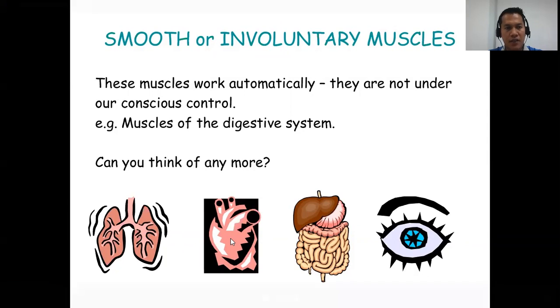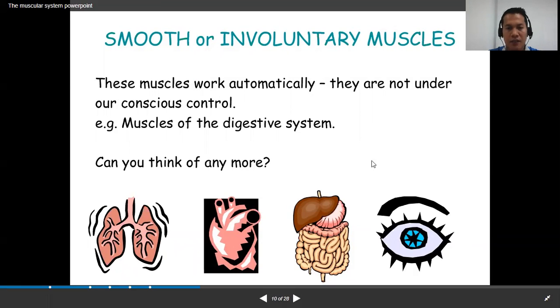They are already pre-programmed in your brain. You cannot say stop heart, stop beating, otherwise you will die. The same as blinking of the eye. Of course, sometimes we can control it, sometimes not, depending on the reflex.